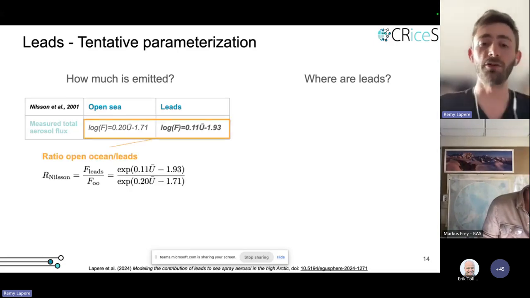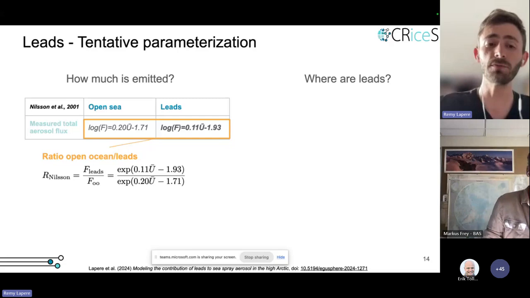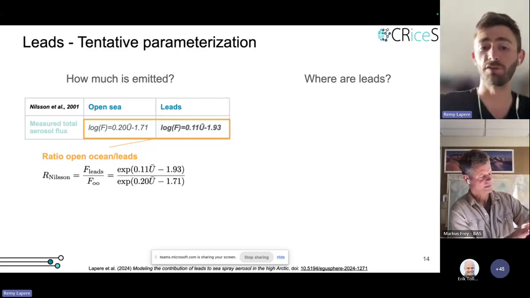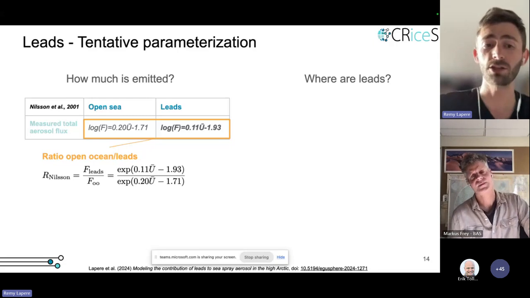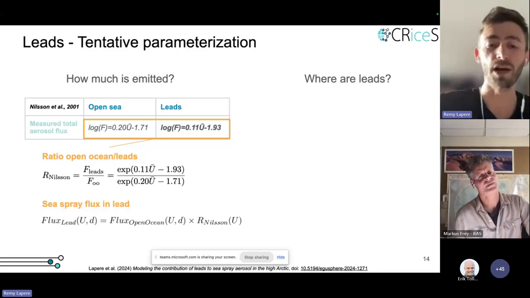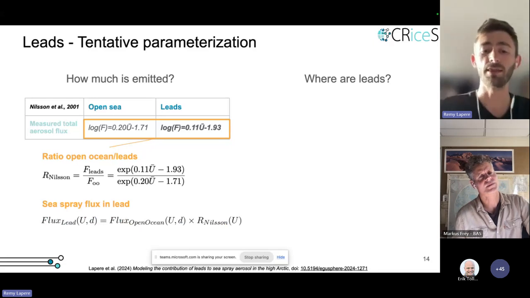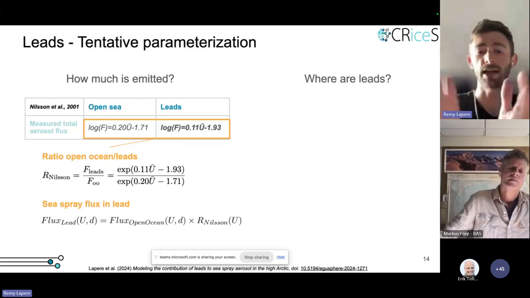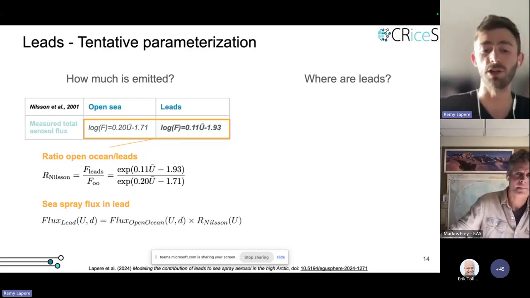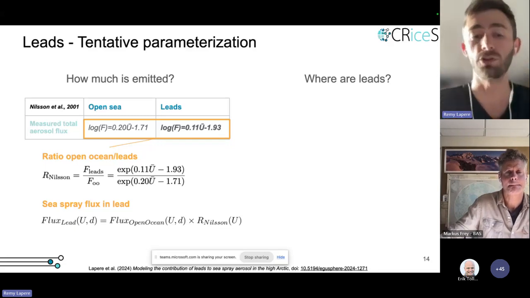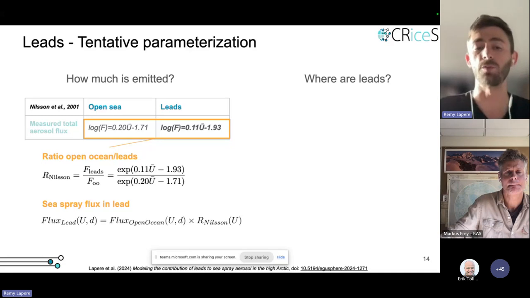But we can be clever about it and come up with a ratio that will be the relative contribution of leads versus open ocean for a given wind speed in emissions of sea spray, and then apply that ratio onto better known parameterizations called source functions of sea spray that we usually use over open ocean and that do have this size difference in the flux that is emitted. So essentially, we apply a ratio onto the usual source functions of sea spray. So that's for the how much.